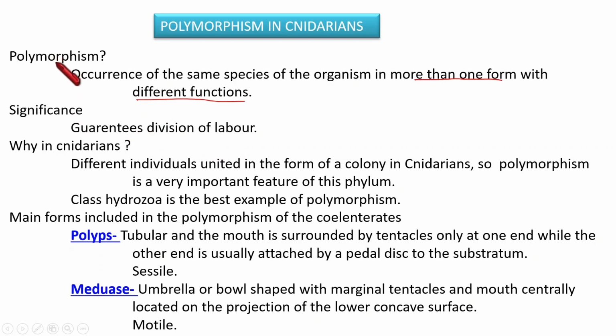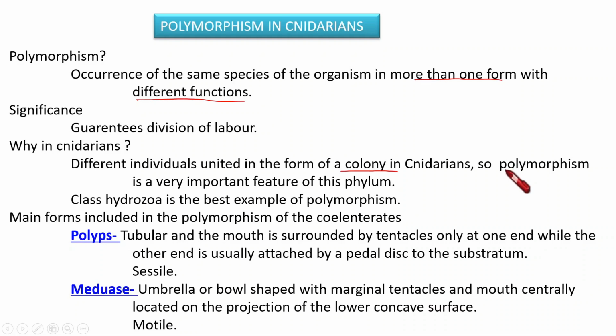This feature is more prevalent in phylum Cnidarians. We know that Cnidarians are a colonial form. As it is a colonial form, if polymorphism is there, they can have division of labor.